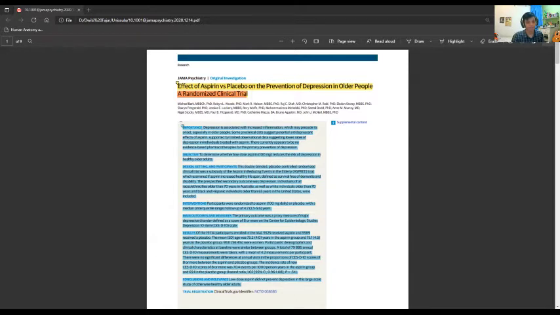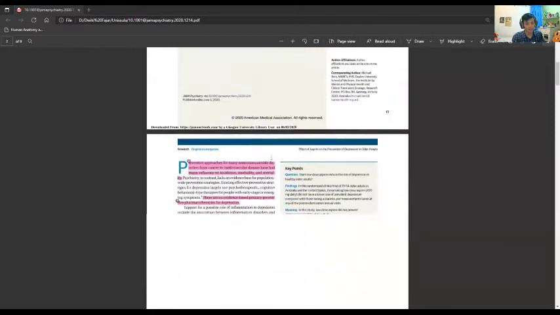This is the structured one because it is divided by points like this: importance, objective, design, setting and participants, interventions, main outcomes and measures, results, and conclusion and relevance. Because it's divided into points, it's called a structured abstract.